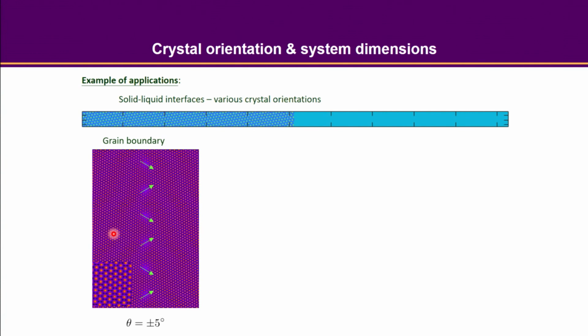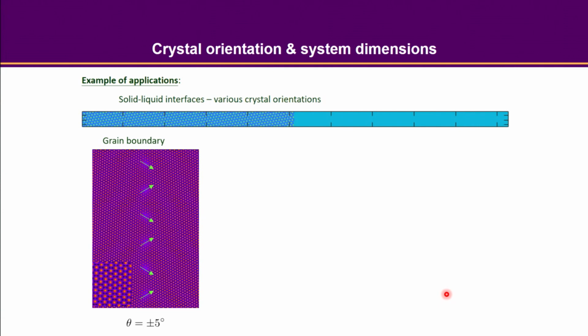Because for positive and negative theta, you expect the same Lx and Ly. Putting those two boxes together, now you have a grain boundary. It's a symmetric tilt grain boundary, right? On two sides, you have a positive and negative theta. So in this case, it's plus minus 5 degrees, okay?